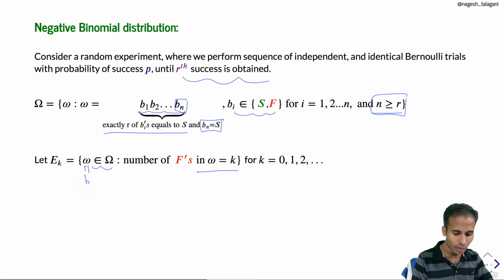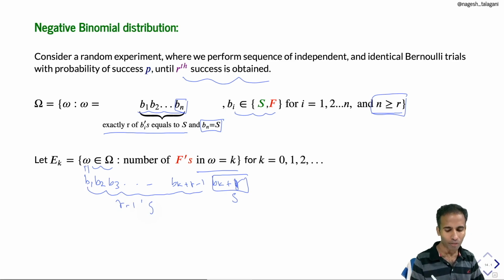They look like this: b1, b2, b3, and so on, b(k plus r minus 1), b(k plus r). Okay, and they always end with the rth success, right? So this must be a success. So from b1 to b(k plus r minus 1), there must be exactly r minus 1 successes. Okay, so the remaining k are failures.